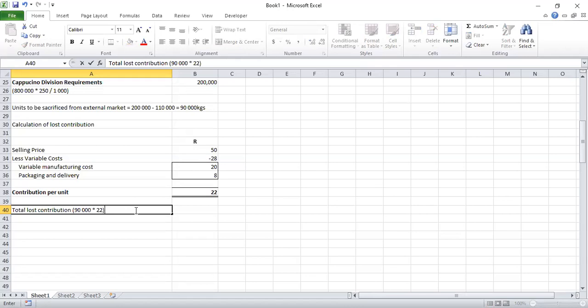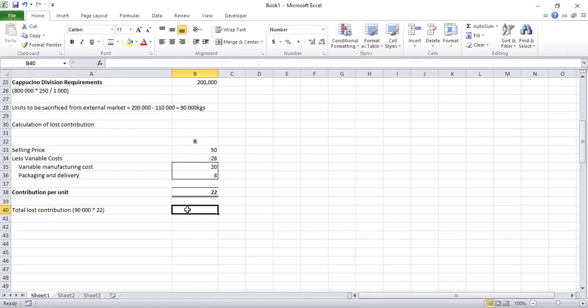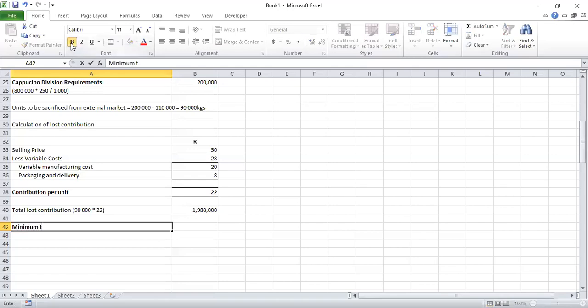So although these guys want 200,000, for the other 110,000 we're going to use our excess capacity, but this 90,000 now, which we're going to sacrifice, we're going to sacrifice some money there. What do we get? 1,980,000. Yes.